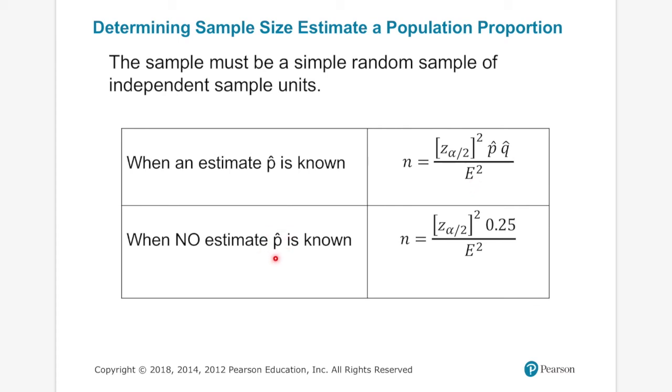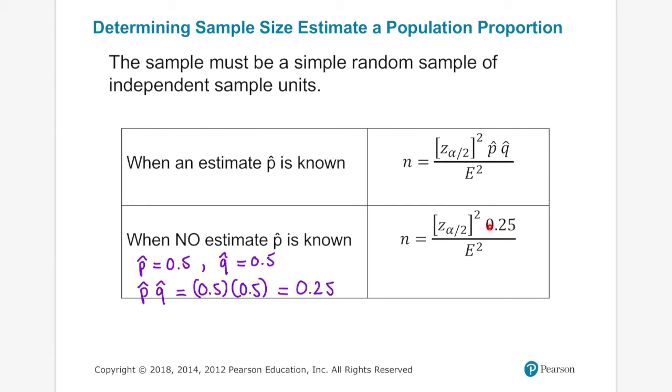If you don't know p hat, then you just assume that p hat is 0.5. When p hat is 0.5, then q hat is also 0.5. If you take p hat times q hat, that is 0.5 times 0.5, which is 0.25.